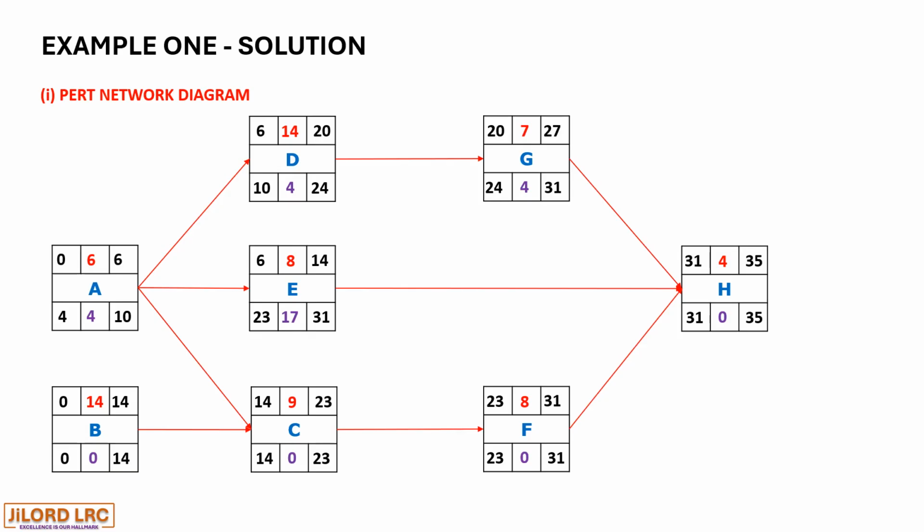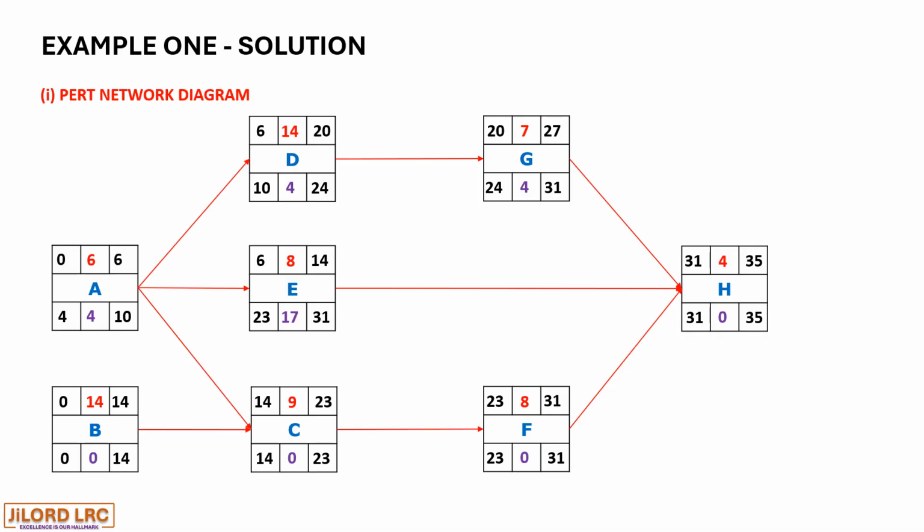We recall that the paths with zero float are critical paths. The paths with values of float other than zero are non-critical, and those activities can be rearranged or moved within the limit of their floats, and that will not affect the completion period of the project.